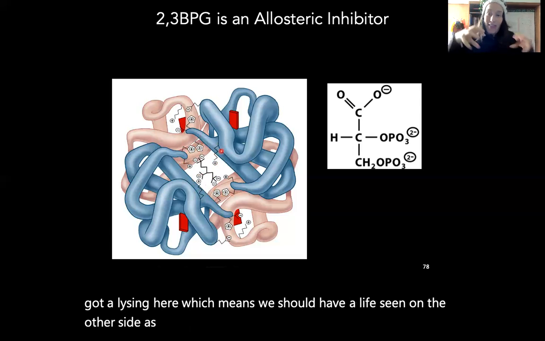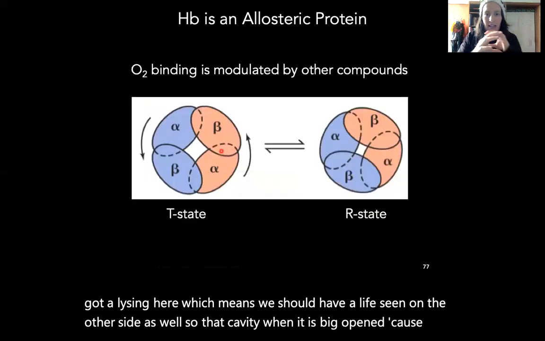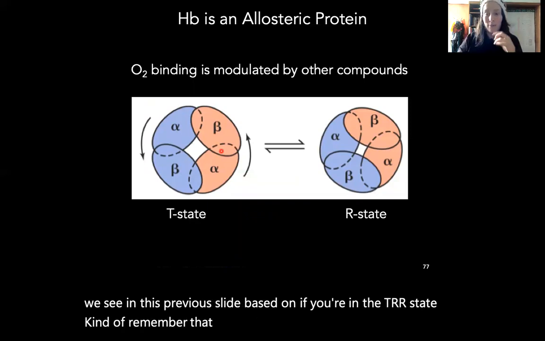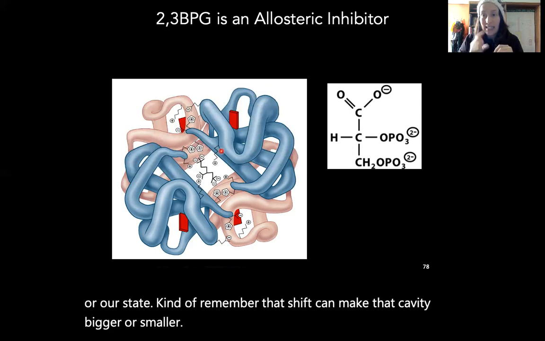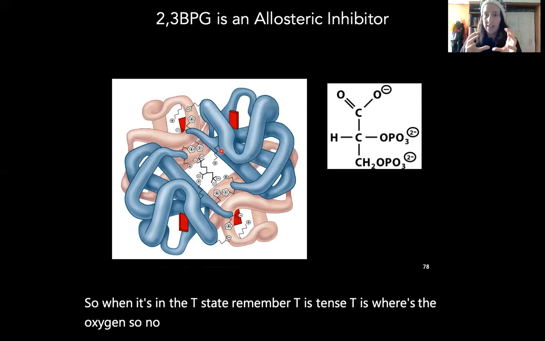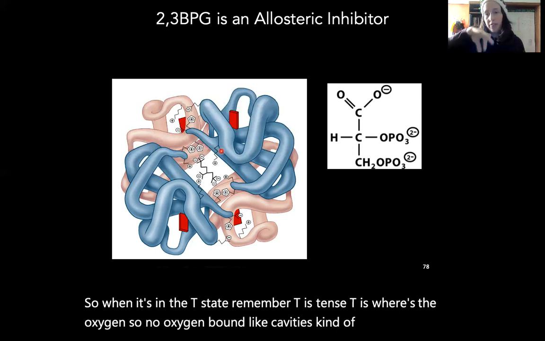So that cavity, when it is big and open, as we see in this previous slide, depends on whether you're in the T or R state. Remember, that shift can make the cavity bigger or smaller. When it's in the T state, remember T is tense, T is where's the oxygen? So no oxygen bound. That cavity is big, and this 2,3-BPG fits right in there.